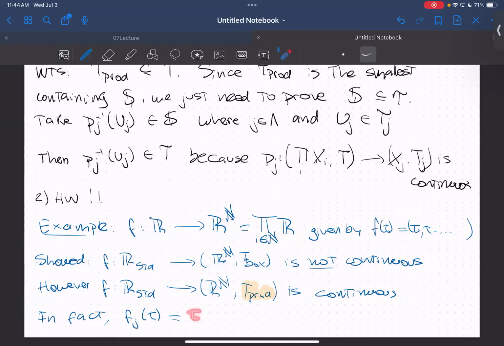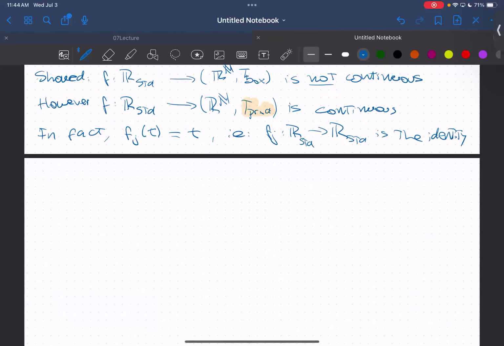So this is t. So each fj from reals to reals, both with the standard topology, is the identity, which is trivially continuous. And by our theorem, if all the coordinates are continuous, that's what you will prove, then the function is continuous. And we're done.